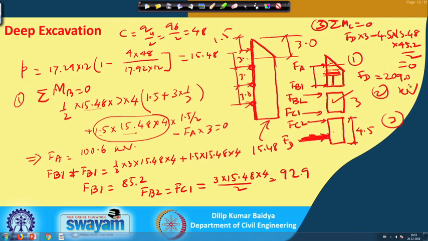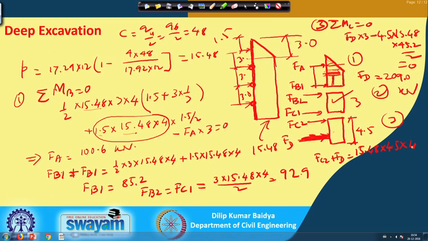F A, we have got F D, and F B 1 you have got, F B 2 also you have got, F C 1 you have got, and F C 2 can be obtained. From here, once you get F D, your F C 2 plus F D will be equal to nothing but your 15.48 multiplied by 4.5 multiplied by 4.